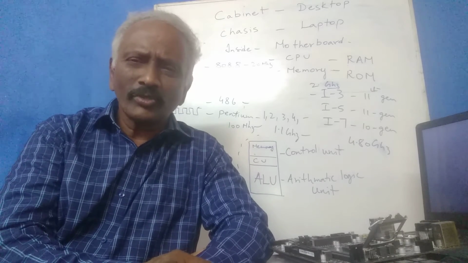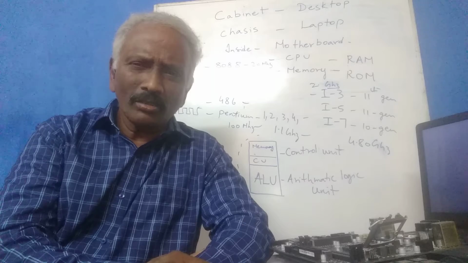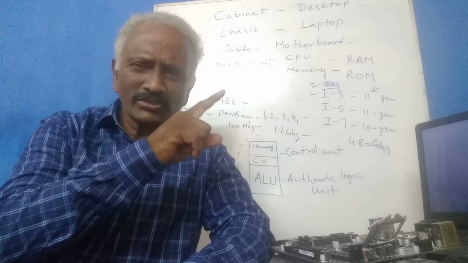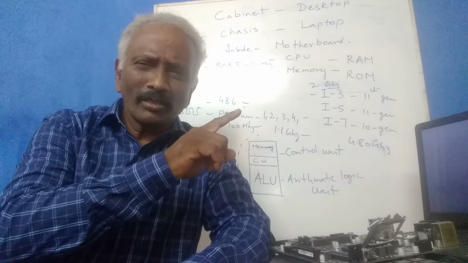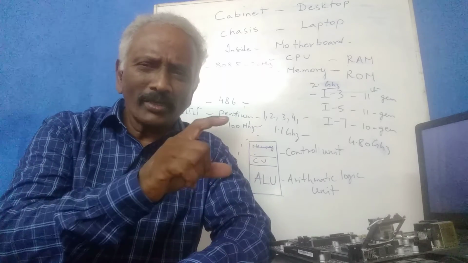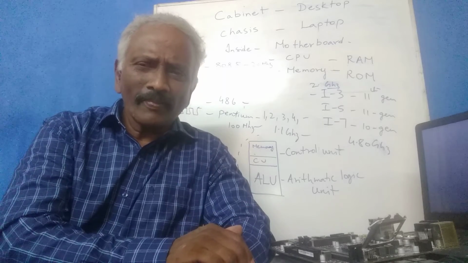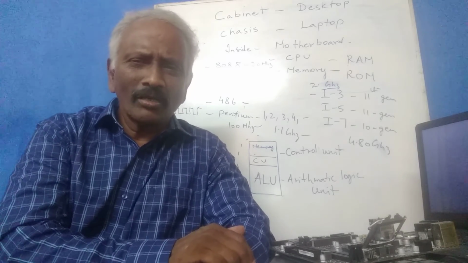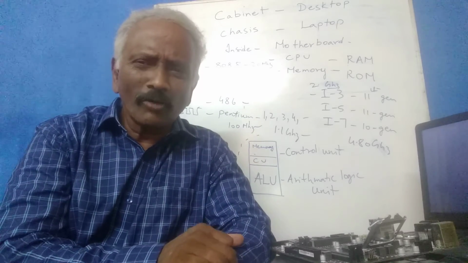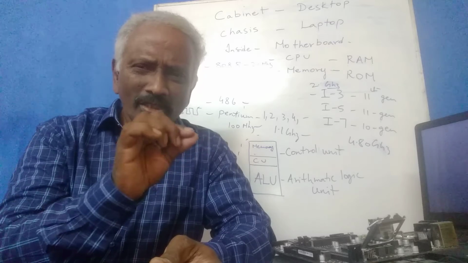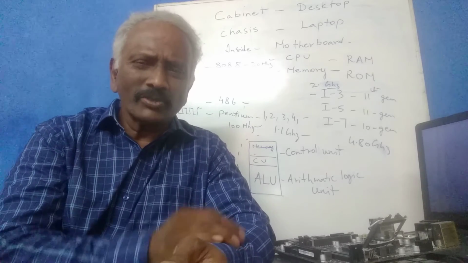Fine. What you have to do is turn on your computer, click on start, go to the system menu, right click on it, or open that system. If it is an 8.1 OS or 10, you can see that. Then you'll see a page opening and it will show you the processor type. Okay, let me show you about it.